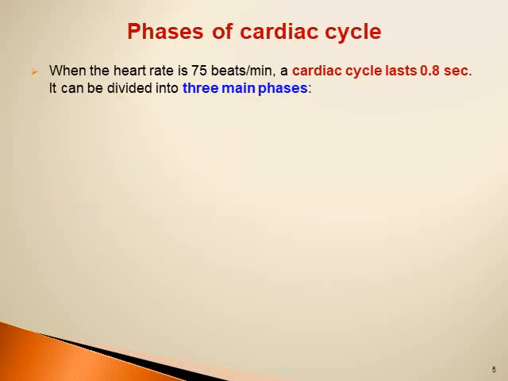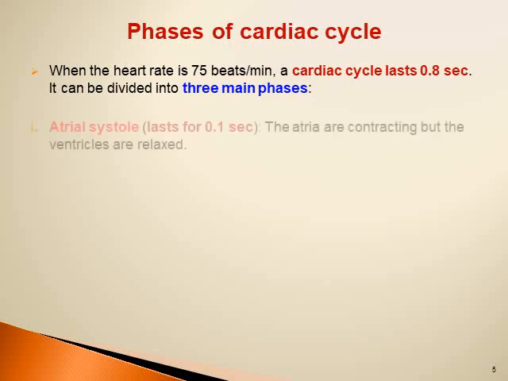What are the phases of cardiac cycle? When the heart rate is 75 beats per minute, one cardiac cycle lasts for 0.8 seconds. And this cardiac cycle can be divided into 3 main phases. These are the atrial systole that lasts for 0.1 second, where the atria are contracting but the ventricles are relaxed.